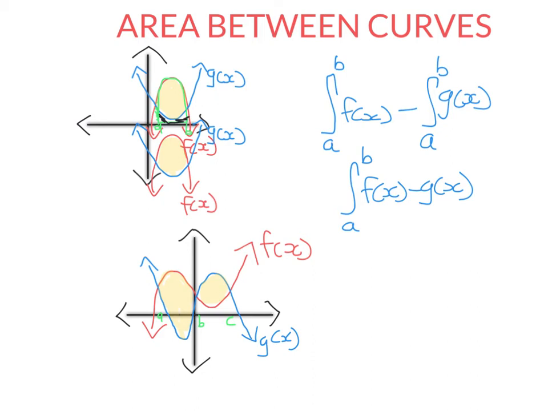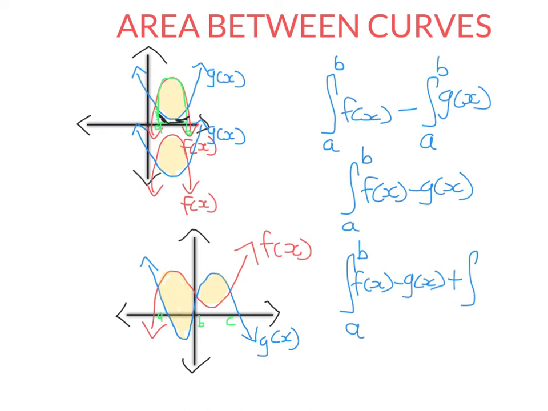So the first area is just going to be the integral from a to b of f(x) minus g(x). So I put f(x) first when I'm finding the area in this region here because f(x) is on top. And then I'm going to need to add in this second area here.